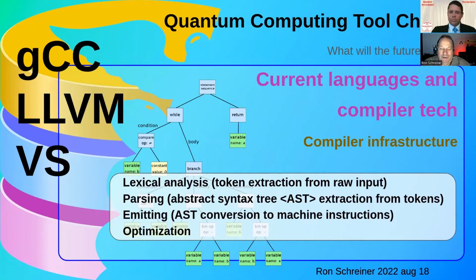It's in a generic form that can be emitted to almost any form of hardware. After the code is emitted, some compilers will have an optimization phase. This is basically where the machine code is checked, and if possible, it can be modified to improve the performance of the code on a particular piece of hardware.